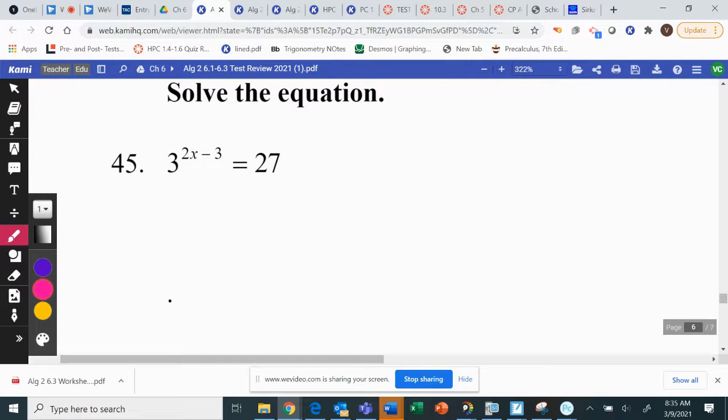So if I say 2 times x minus 3 and then 3 to that power, the base of 3 is the furthest thing away. So I say, how do we get rid of a base of 3? We log. If it's exponential and the x is in the exponent, we log. So we're going to log both sides. And then I ask myself, what is the base?